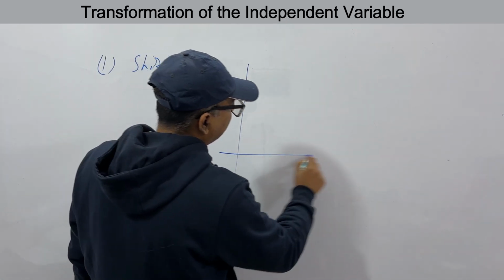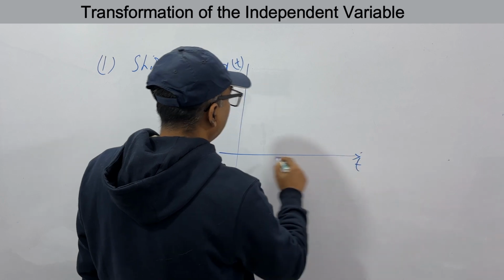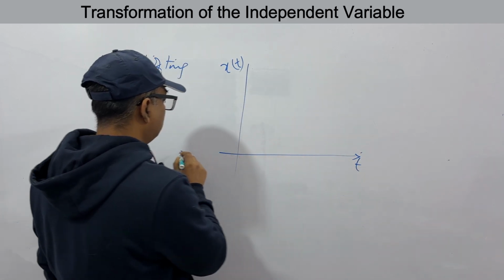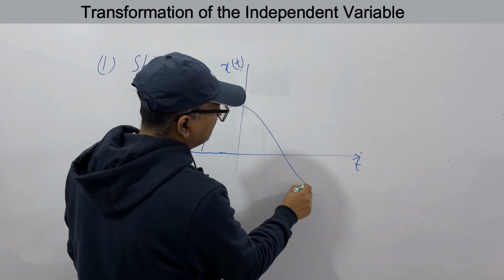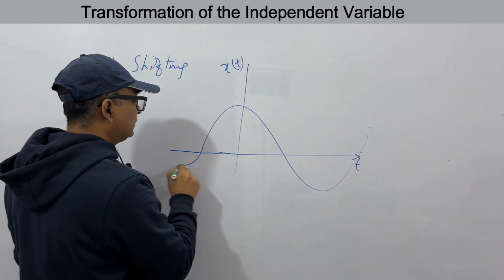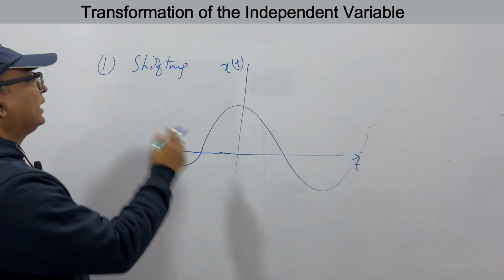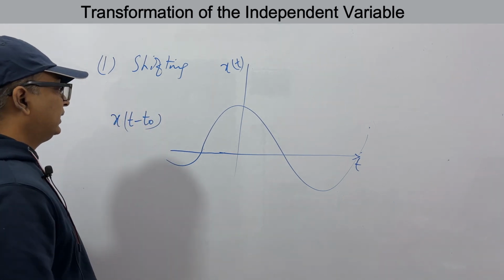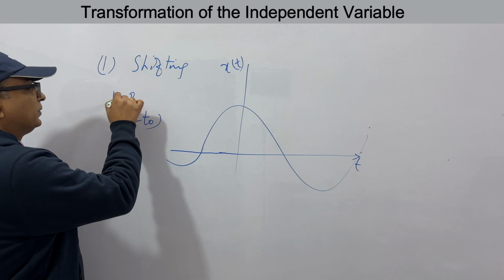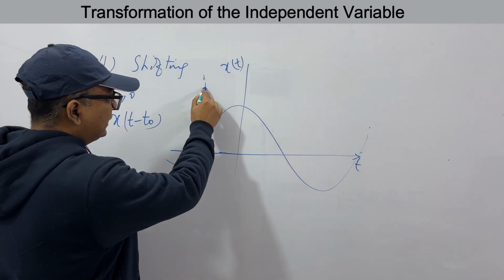Let's say this is our signal x(t), and this is time. Now time shifting means x(t minus t0). If t0 is positive, the signal shifts to this side. But if t0 is negative, less than 0, then it shifts to this side.